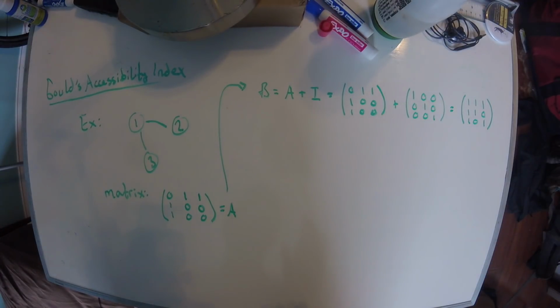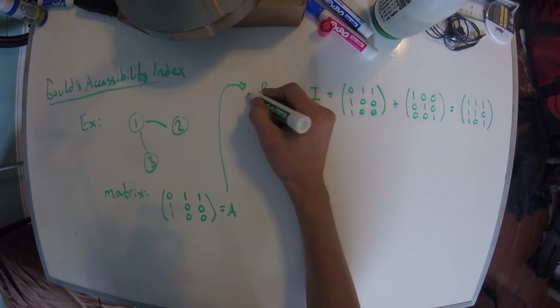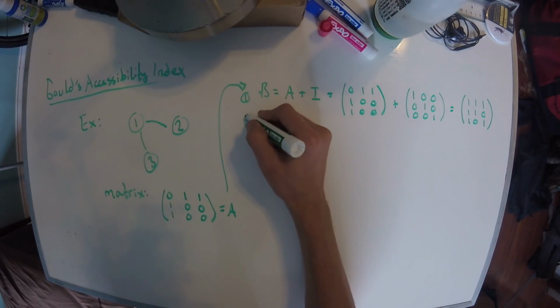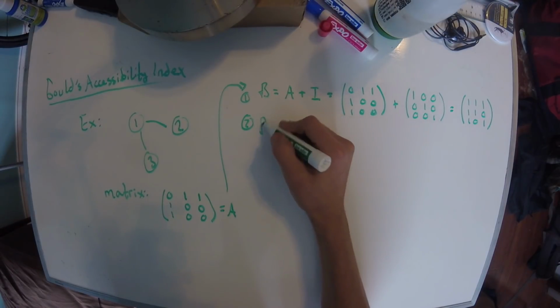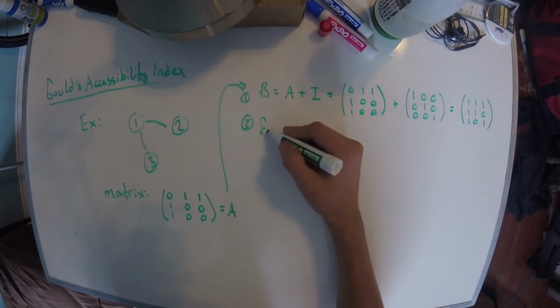And now, what we're going to do, something that people will call me crazy for including in this course, is, so this is step 1. Step 2, we're going to find the eigenvalues of the B matrix.